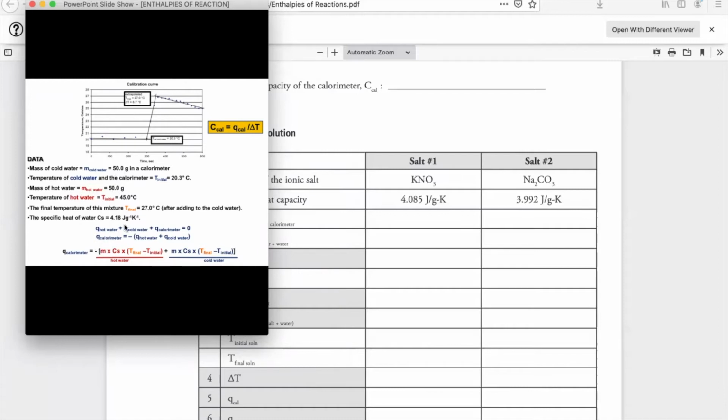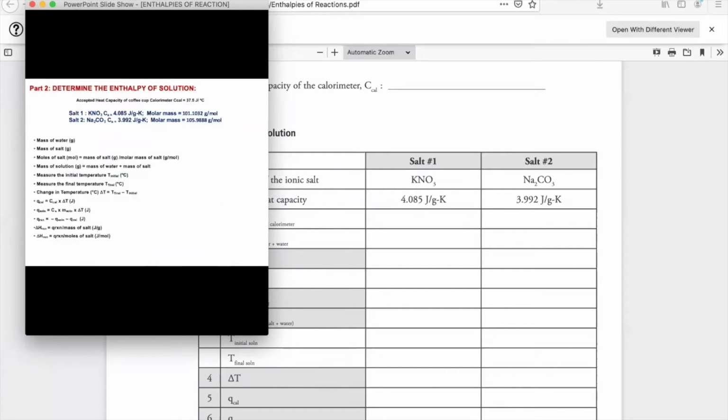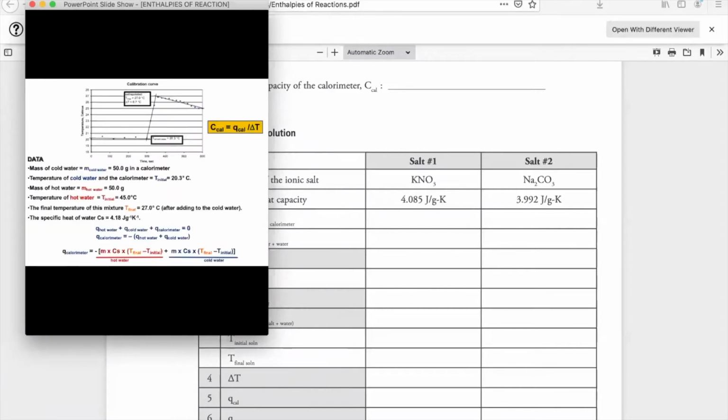So you're going to take note of the temperature change, mass of hot water, using this equation. All right. Q for the calorimeter. If we know the mass of the calorimeter, the heat given is mass times the specific heat times the change in temperature.